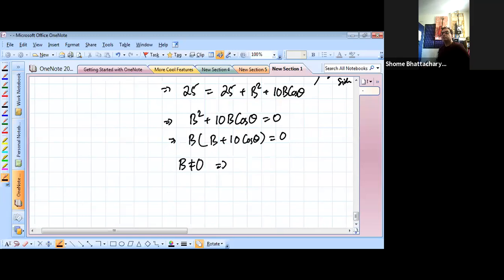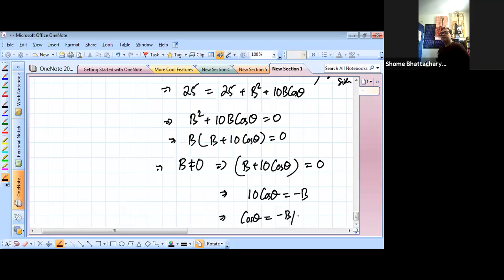That means B plus 10 cos theta must be the factor which is 0. And that makes sense because earlier also we were seeing cos theta as a negative quantity. So from that we are getting that 10 cos theta is minus B, or we can say that cos theta expressed in terms of B is also minus B by 10.